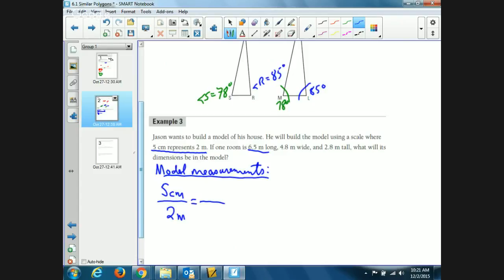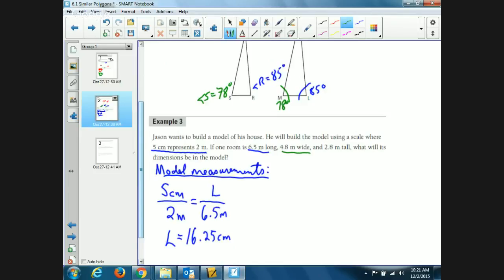Bottom, because you're matching 2 meters in the real life room to 6.5 meters. We're going to call the top L. You guys will know how to solve that, right? Let's just set up all the ratios and then you can solve afterwards. 16.25. Or you could be really fast and do it right away. Wow, 16.25 centimeters. You are an all-star.